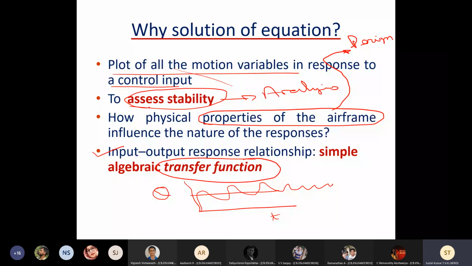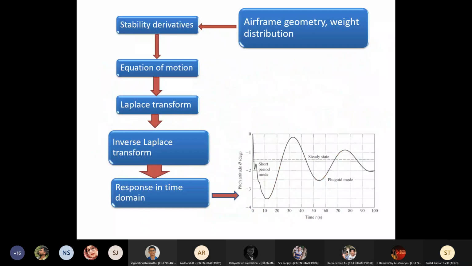So far, we have not derived equations for stability derivatives. We'll be doing that a few classes from now. But right now, you can take it for granted that these stability derivatives depend on two things. One is airframe geometry.